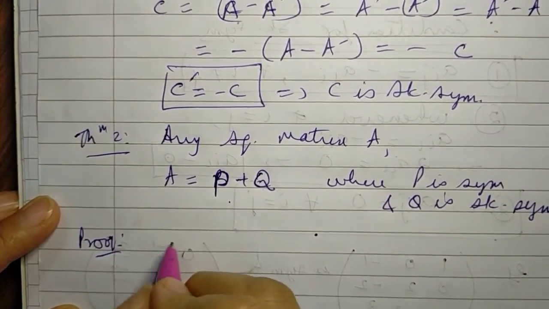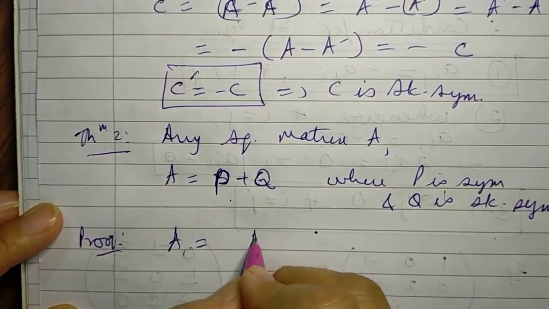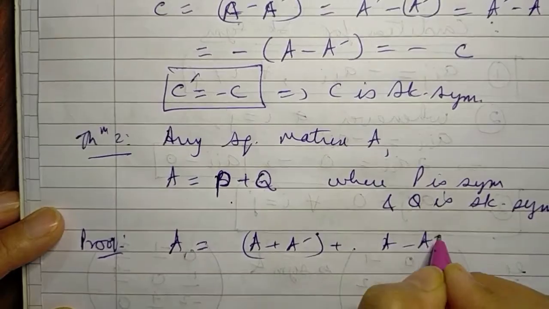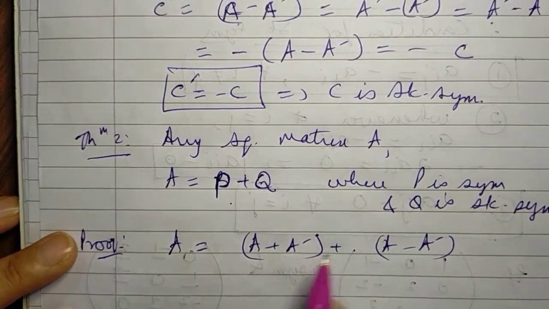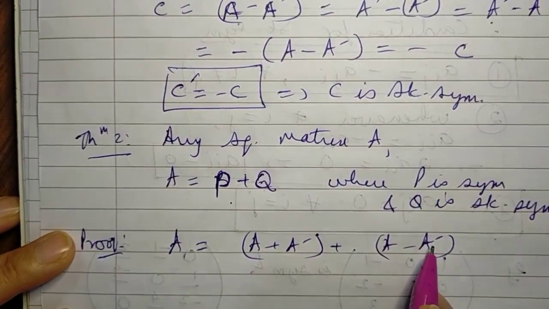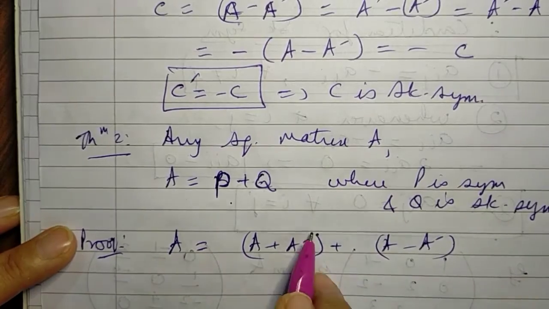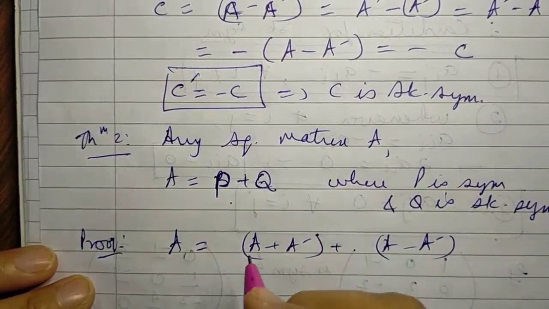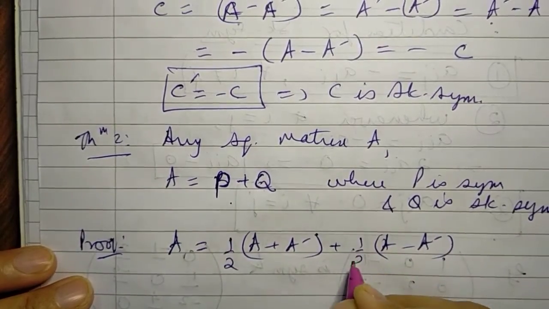So we know that given any matrix A, we can write it as A plus A transpose plus A minus A transpose. Can we write it like this? We have added A transpose and we have subtracted it, but what happens is the A transpose gets cancelled and you are left with 2A. So obviously you have to make it half.